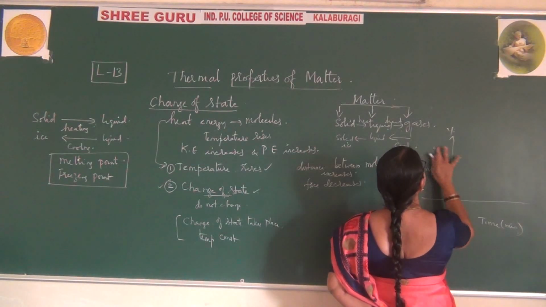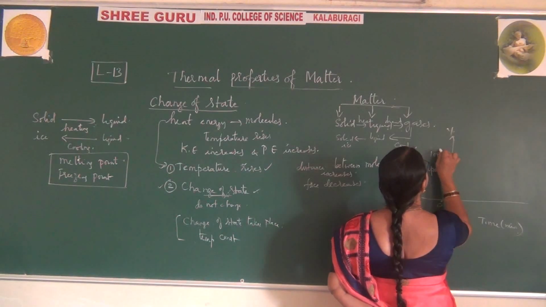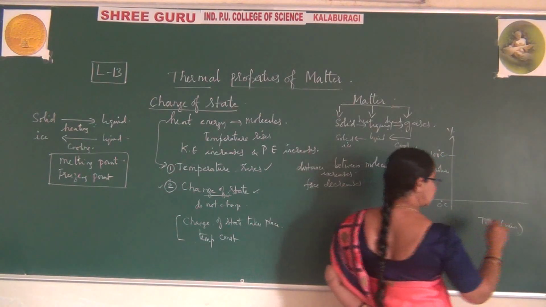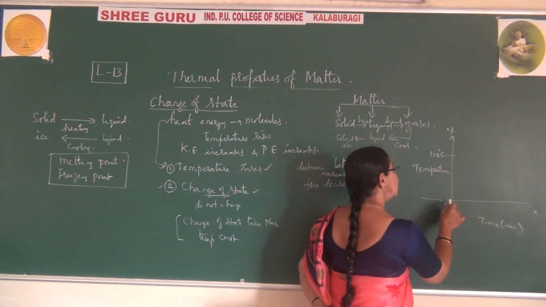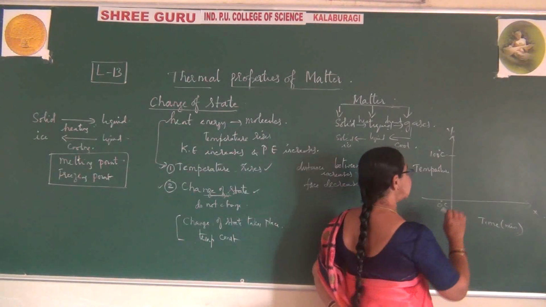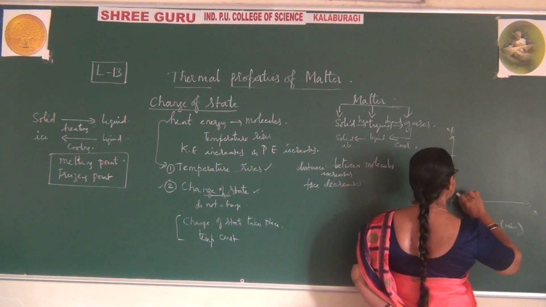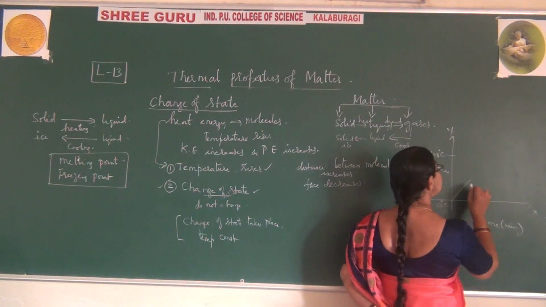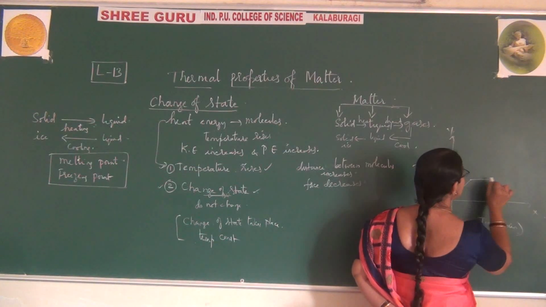Here I write 0 degree centigrade, and here it is 100 degree centigrade. Time is along the x-axis. What do you observe? Ice is at 0 degree centigrade. As you increase the temperature, it keeps increasing until it reaches a certain point, and then it becomes liquid.